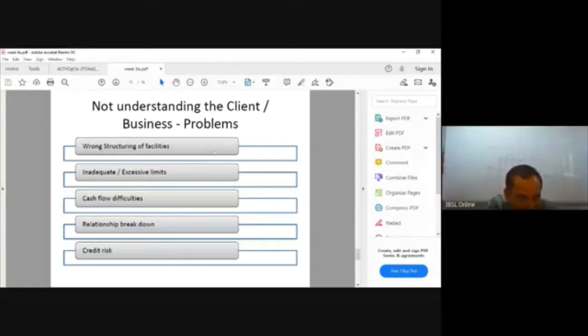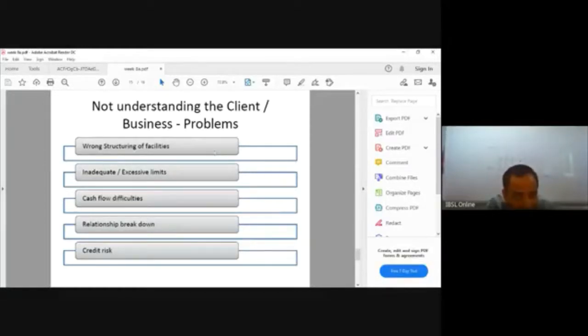The headaches down the line for us to handle happen from the beginning, where the structuring is wrong. Many times we also do name lending, because that particular person is well known in the market. He's a politician. He is a very influential guy.